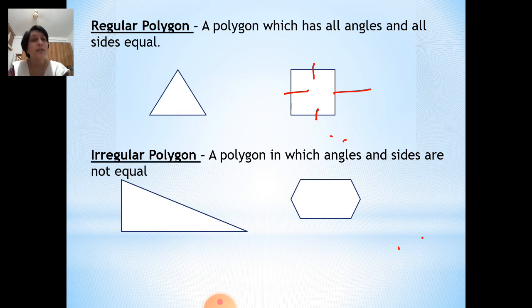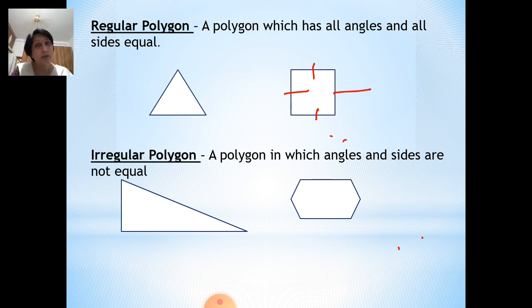So, dear students, I told you many things. Let us recapitulate what we have studied. Starting with curves, then types of curves, simple curve, closed curve, and open curves, then polygons, and names of the polygons: triangle, quadrilateral, pentagon, hexagon. Then we have studied about diagonals.